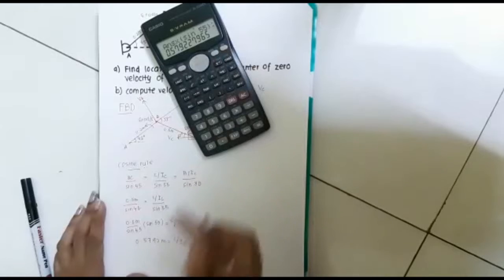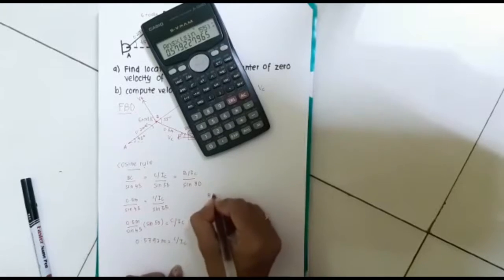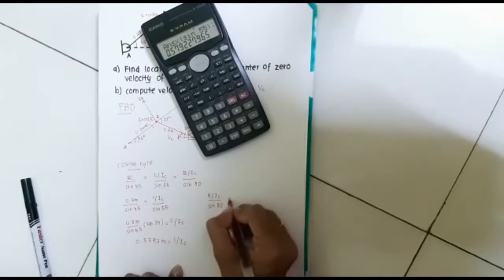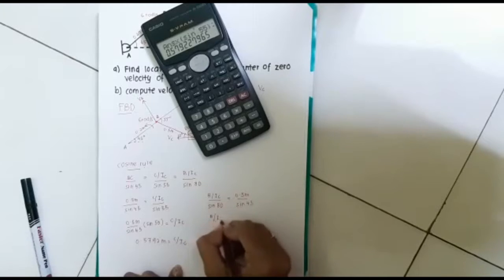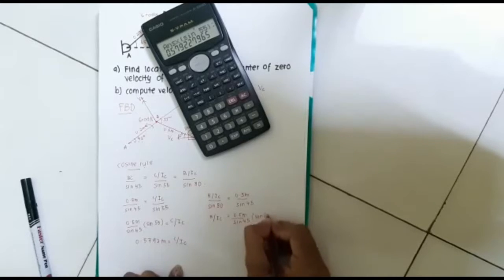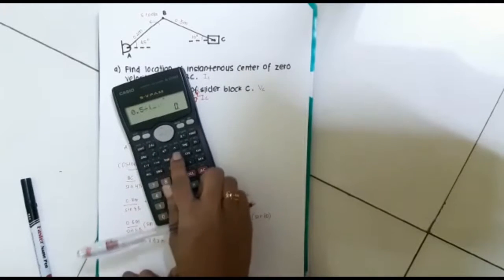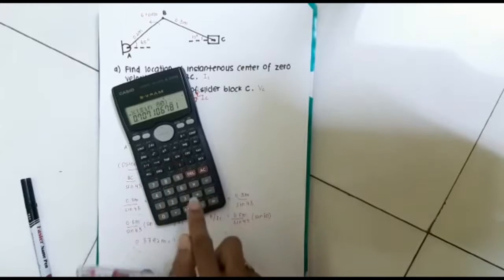Okay, now move on to find the length of B to IC. The same formula, the same method. So 0.5 meter over sine 45, times sine 80.